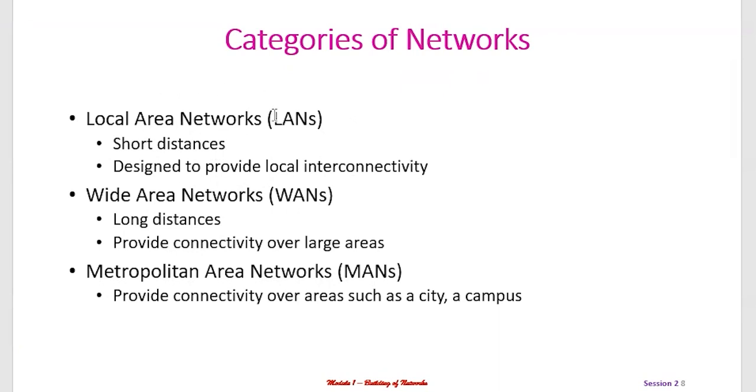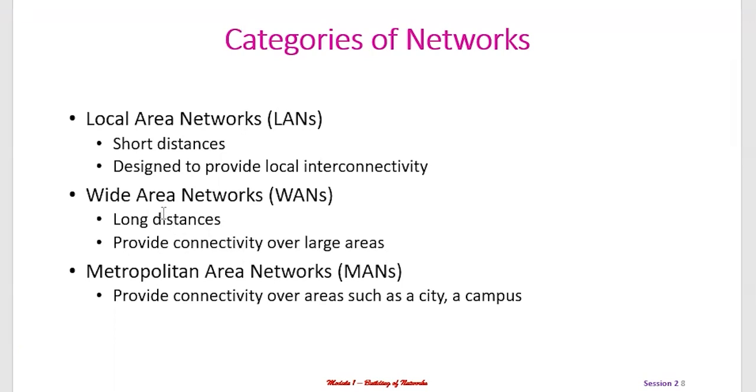This kind of network you can see in an educational institution, in all your laboratories, and in an office environment, where we use LANs. The second category is the wide area network. This is a long distance network and it provides connectivity over a larger area.